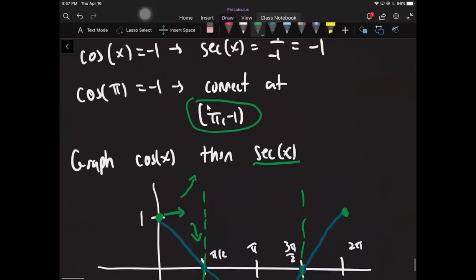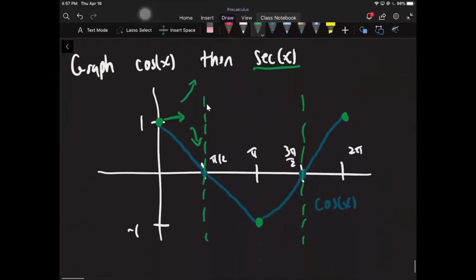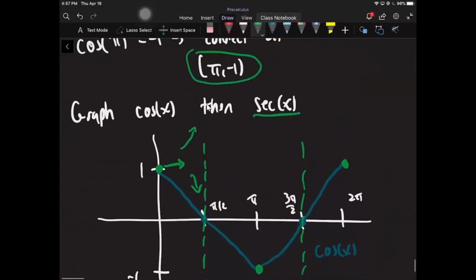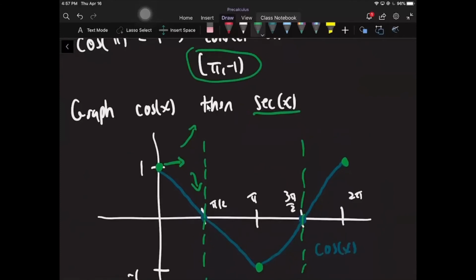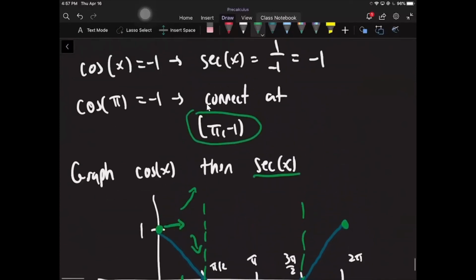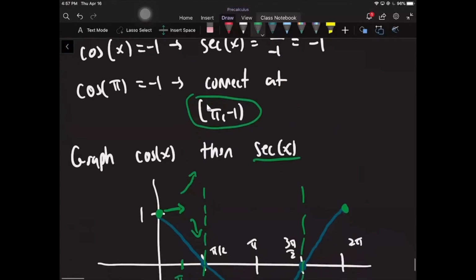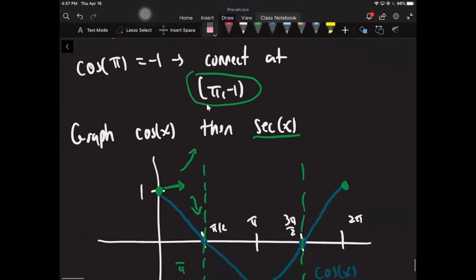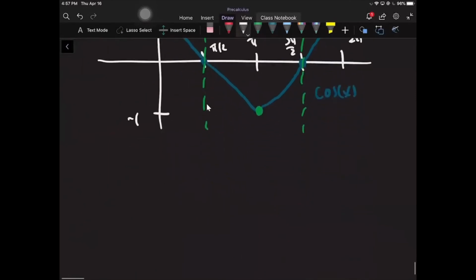So which one is it going to do? Well, let's think about it. When I plug something in, what's in between here and here? Let's think about pi over 4. Actually, there's a better way to think about it. I'll do it down here and then we'll go back up and graph.